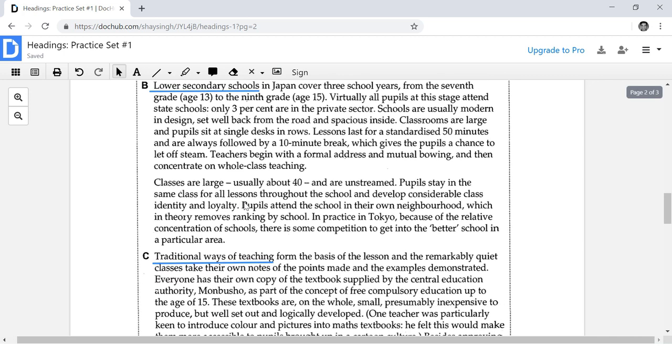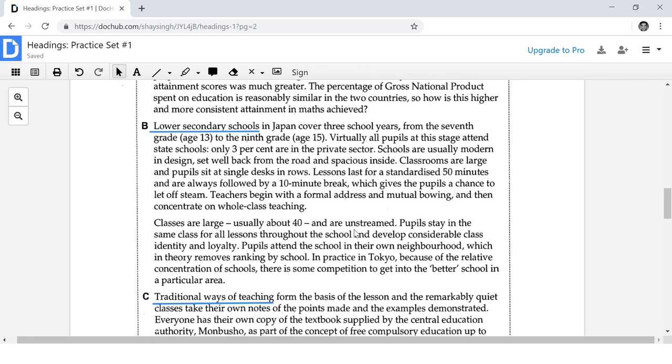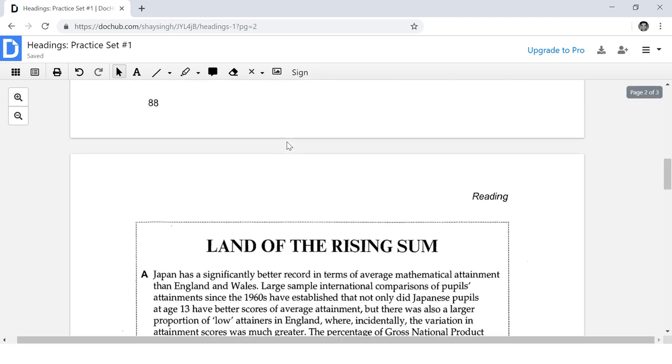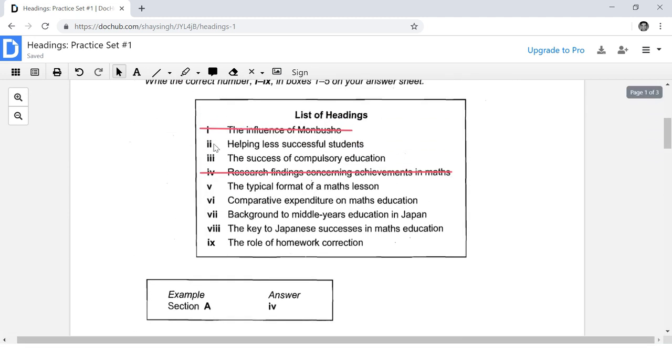And then down here, it says classes are large, usually about 40, and are unstreamed. So here it just seems to be giving me more detail about the lower secondary schools from grade 7 to grade 9. So let's see if we can find something related to that in our answer choices.